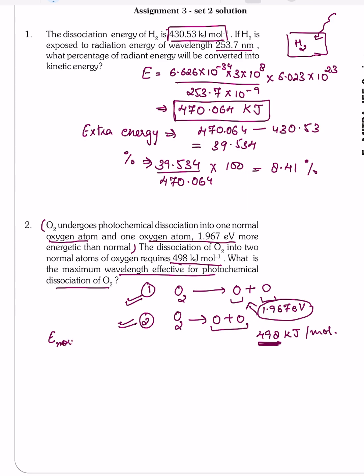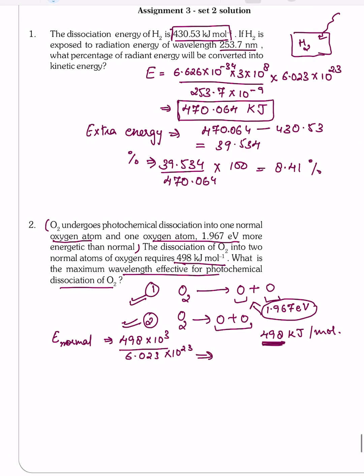normal dissociation. That was equal to 498 kilojoule, that is, into 10 to the power 3, per mole upon 1 mole. 1 mole is Avogadro number, that is 6.023 into 10 to the power 23. So if we solve this, it comes out to be 8.27 into 10 to the power minus 19 joule.